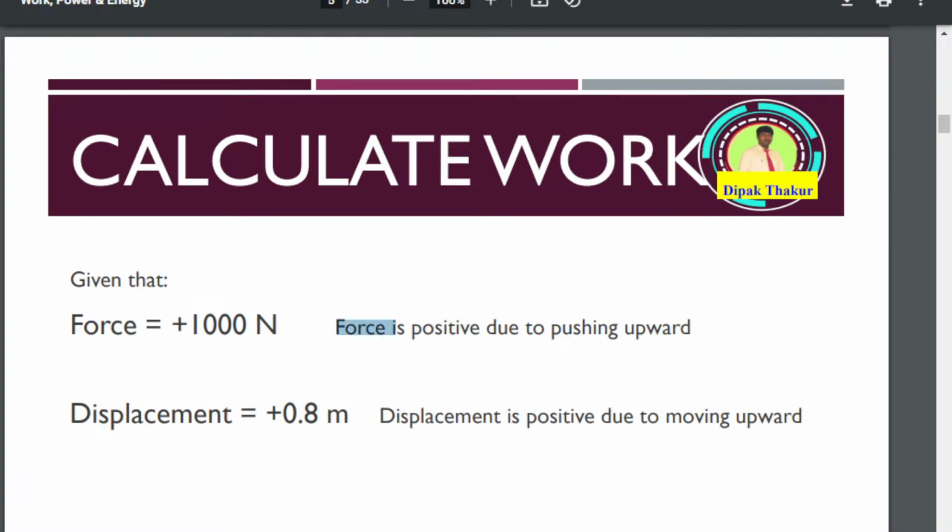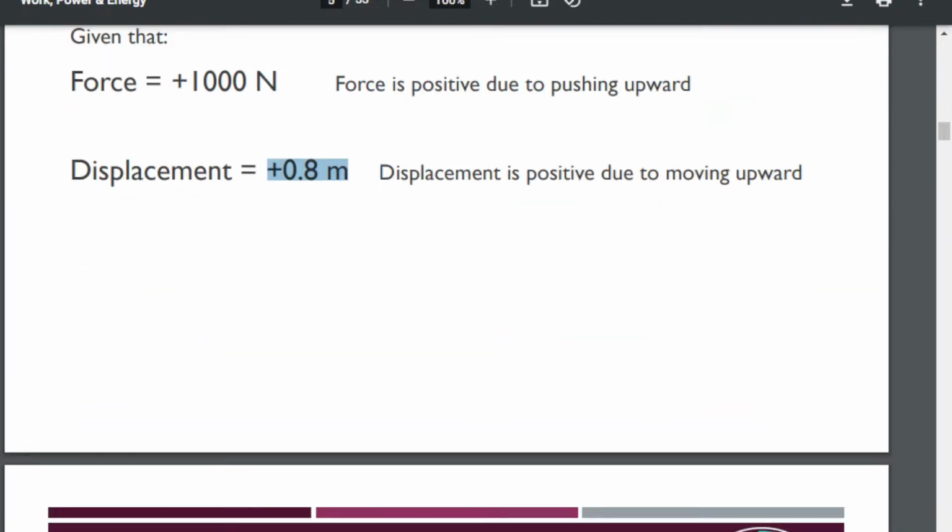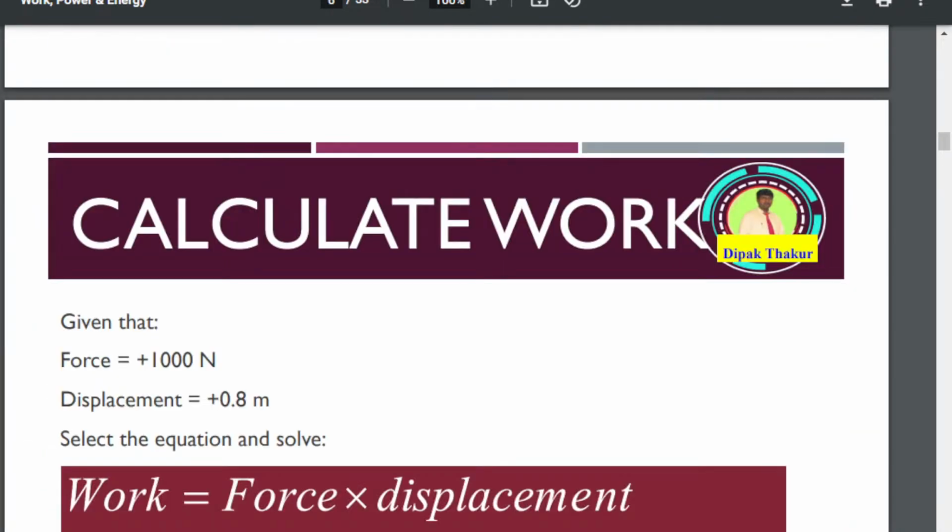Here the force is positive due to the push upward, and the displacement is also positive because we are pushing in the same direction, upward. So the displacement is equal to plus 0.8 meter.